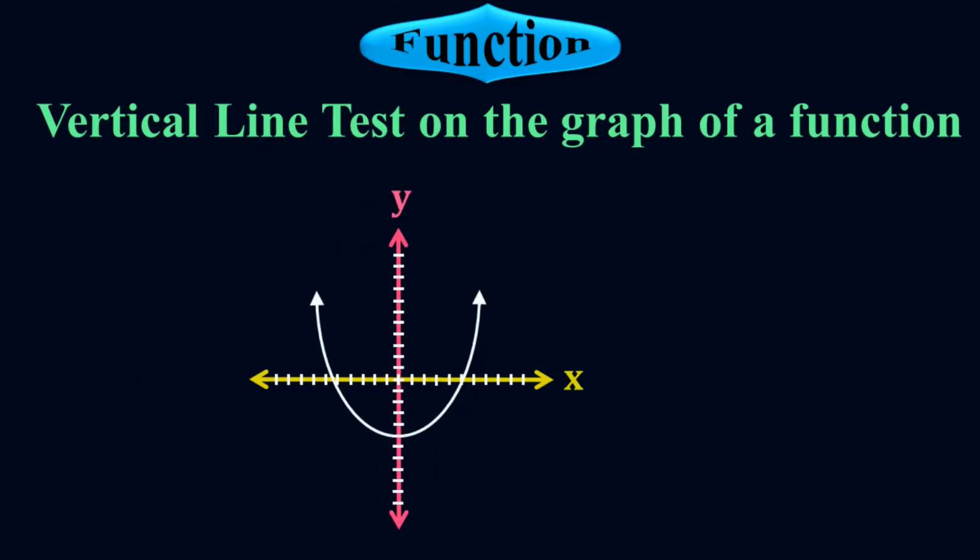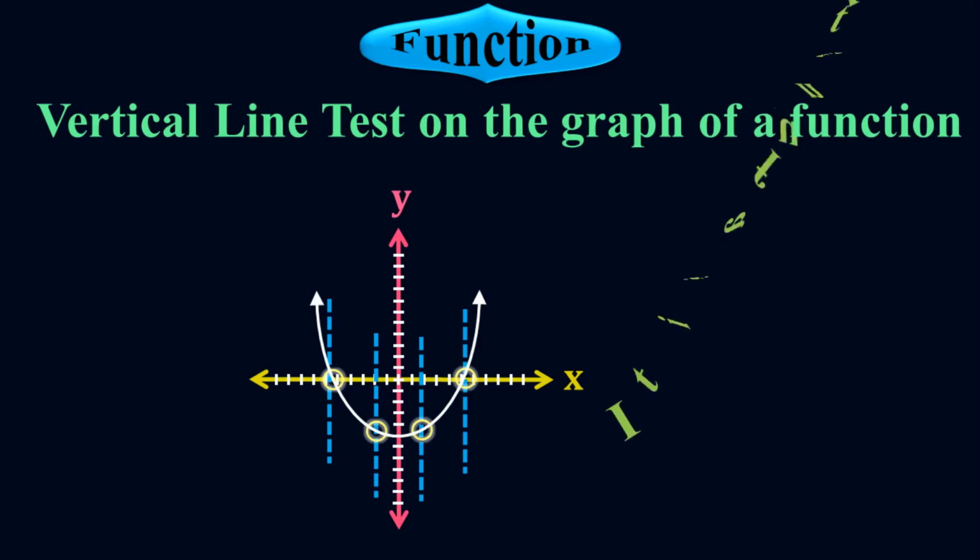If I have a parabola, what's gonna happen here? Let me pass the vertical lines. It's pretty easy to identify whether it is a function or not. It is pretty clear from here that all the vertical lines touch the graph only once at these points. So I'm absolutely fine. It satisfies the vertical line test. Therefore, it is a function.